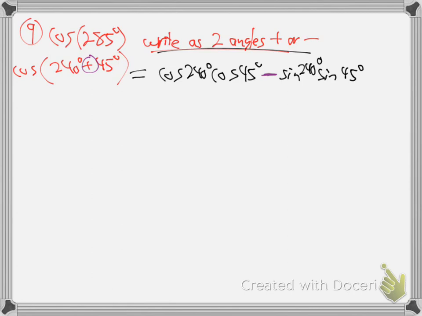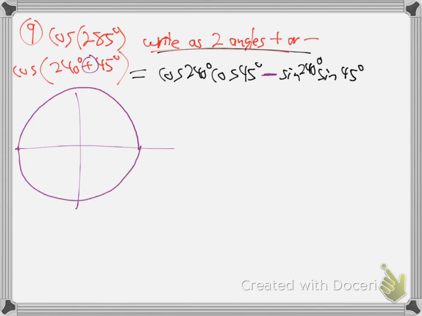Now we just have to go find all those on the unit circle. So on the unit circle, we go to here and find the cosine of 240. Where's 240? Almost to 270. So 240 is the one that's back a little, down a lot: back a half, down root 3 over 2.